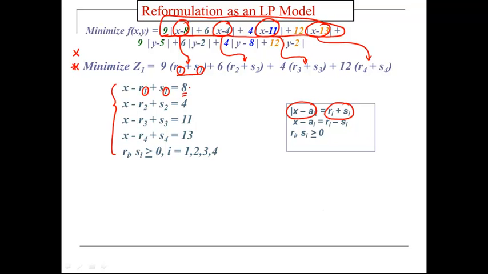Okay, so what I'm showing you right now is the format that you're going to use to formulate this type of problem. So the first facility will look at this first constraint, and it's going to make that equal to the coordinate of the first facility in terms of x. And we are going to repeat that process for the second existing facility, the third existing facility, and the fourth existing facility.